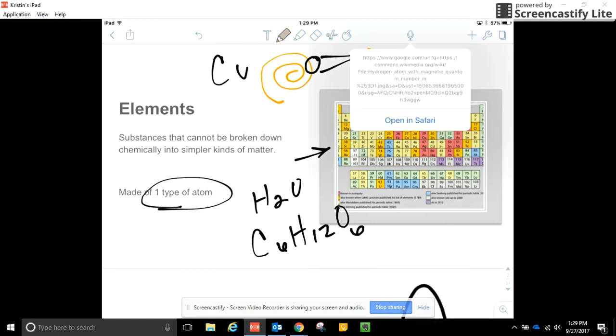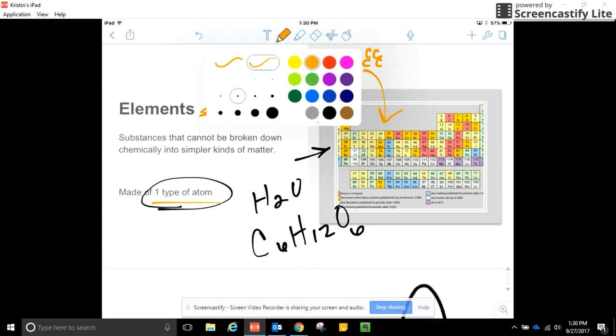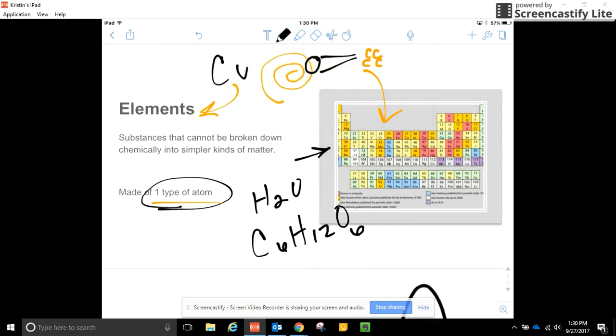And I'm going to represent those with a picture of little C's here, okay? Those C's, which are representative of the copper atoms, that's all that copper is made of. So copper is an element because it's only made up of that one type of atom, which is copper atoms. And copper is found on the periodic table right about here, number 29, okay?